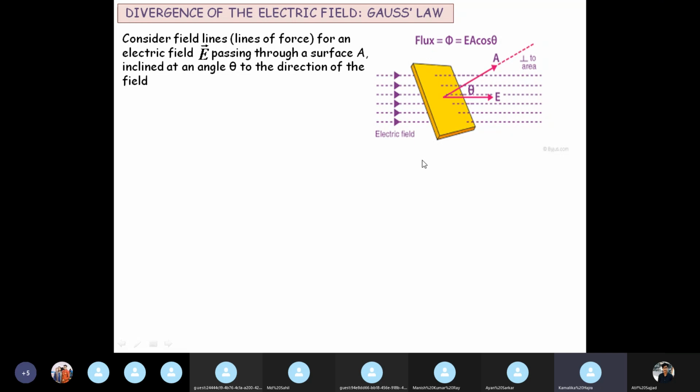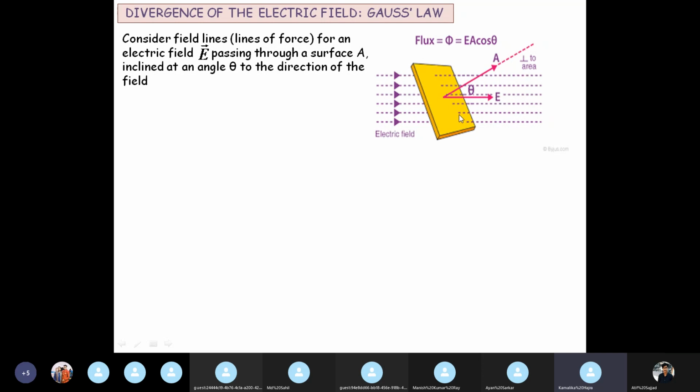You can see it's a uniform electric field in this particular area, so they are just parallel vectors, all lines parallel to each other. The arrow indicates the direction of the electric field. And we see that these electric field lines pass through a surface A, this yellow rectangular surface over here, which is inclined at an angle theta to the direction of the field.